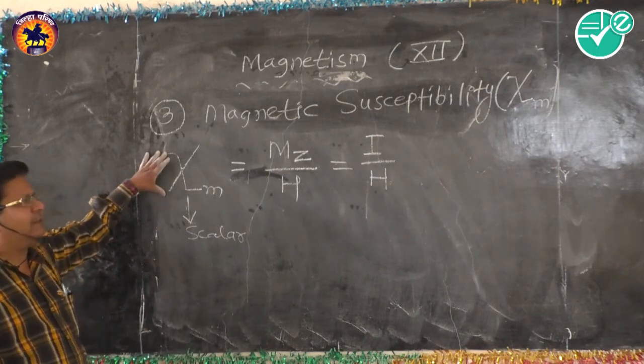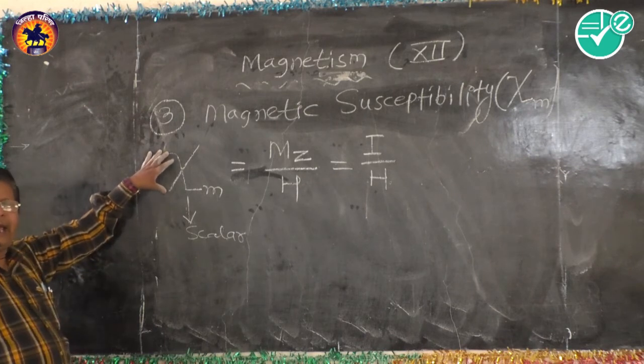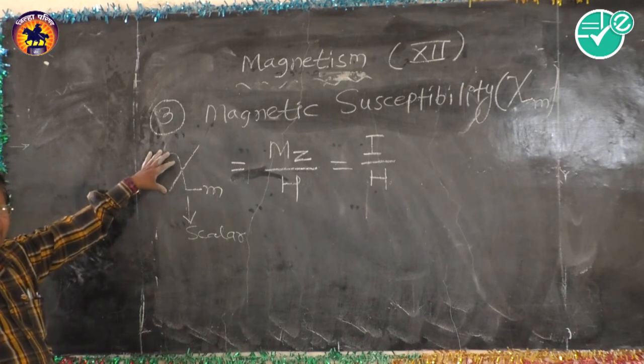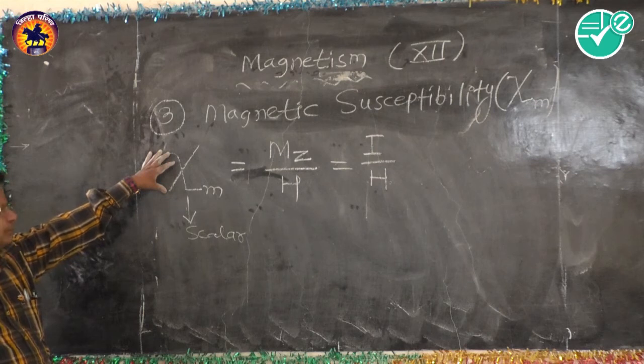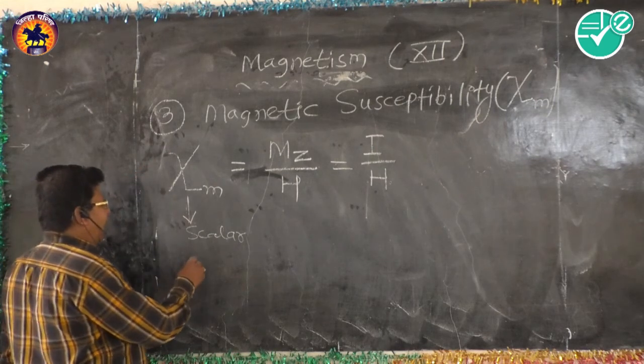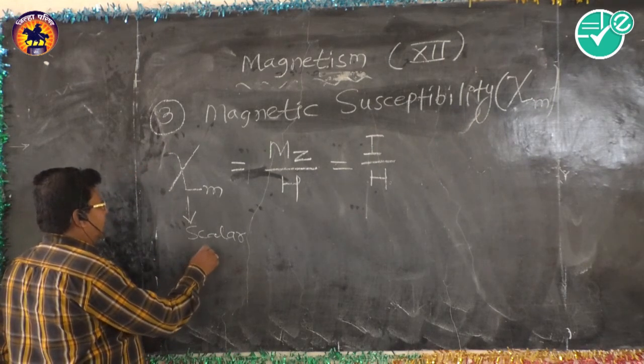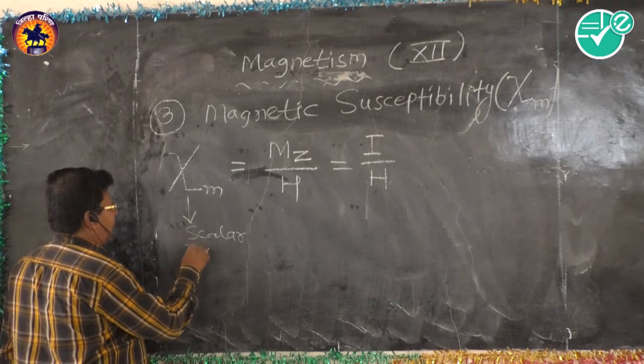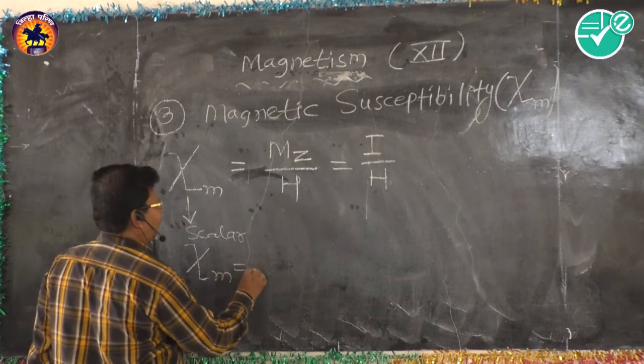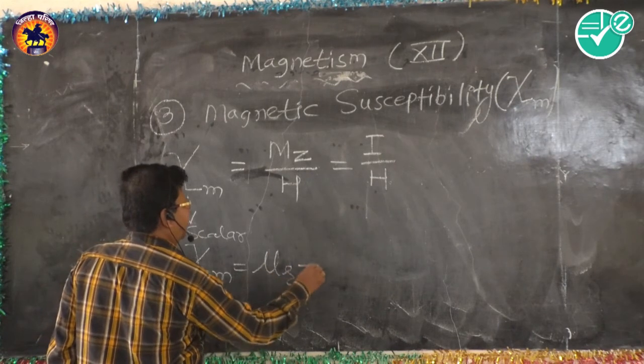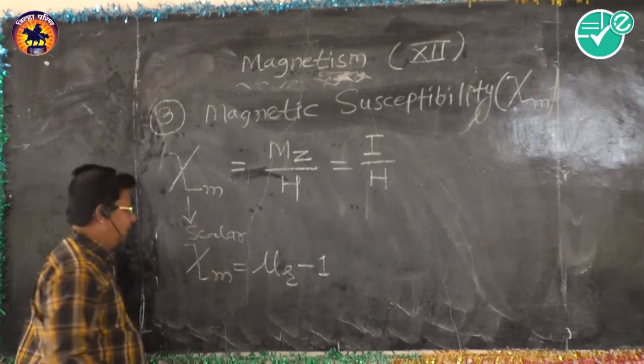Again, this magnetic susceptibility can be written in another form, and this another form is Km is equal to mu r minus 1.